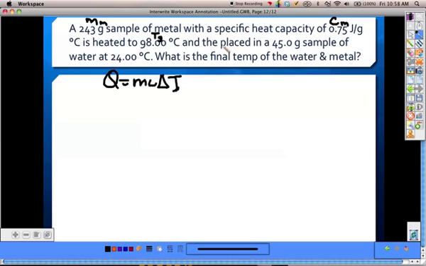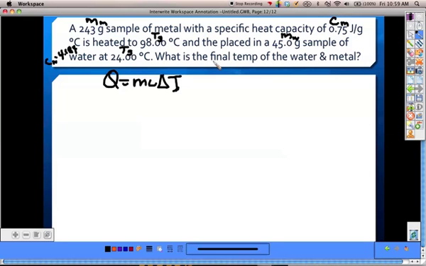I take that metal that's been heated and I place it in 45 grams of water. So my new mass is of water, and the temperature given of water is there. And I remember from before that my C of water is 4.184 joules over grams degrees Celsius.